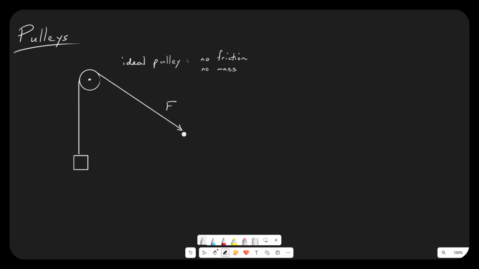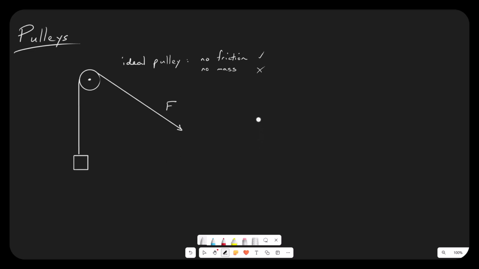Well, we have now figured out how to handle friction in general. We haven't really done much with it rotationally, but we won't. But we know what to do with a rotating object that has mass. So, no friction we're going to stick with, no mass, that's a correction we're going to make. What a pulley does now, we have to take into account.